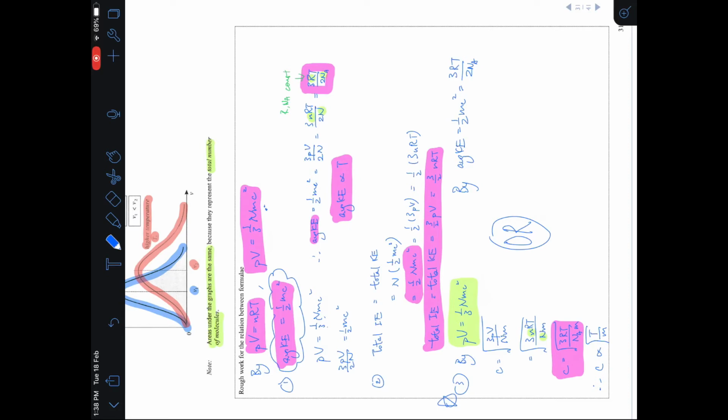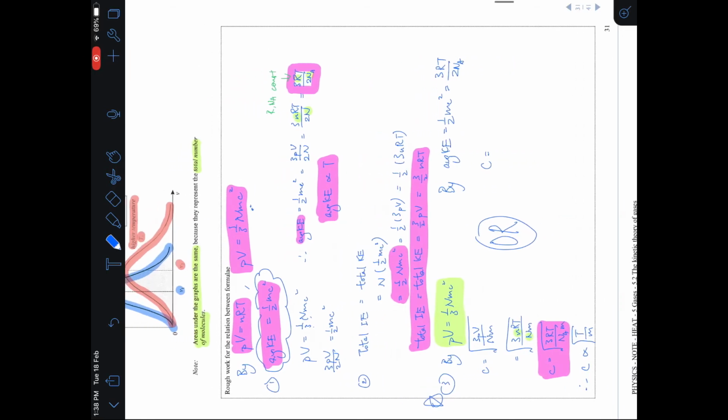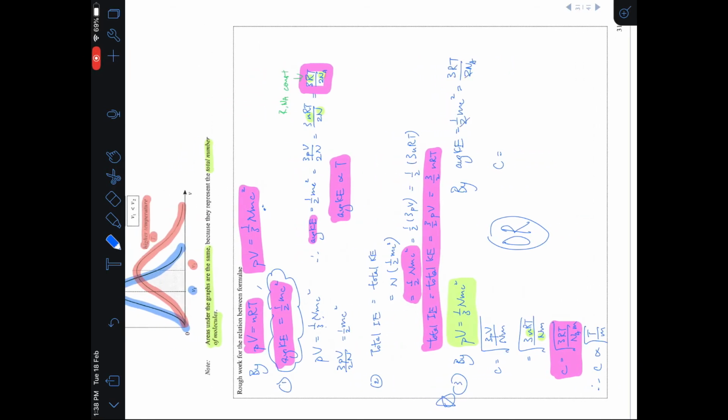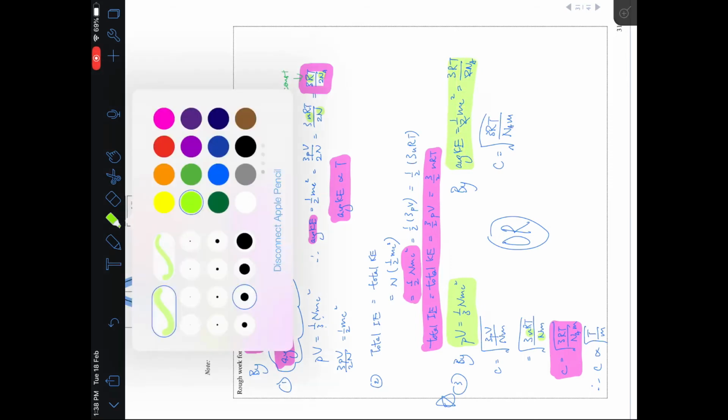Again, you can see C squared here, so you can have a very simple change of subject. You will directly cross out the 2, and then 3RT over N_A M, and then square root. You may find this to be a little bit more direct, then either way will be okay. I personally prefer the second way because I think it's more direct.